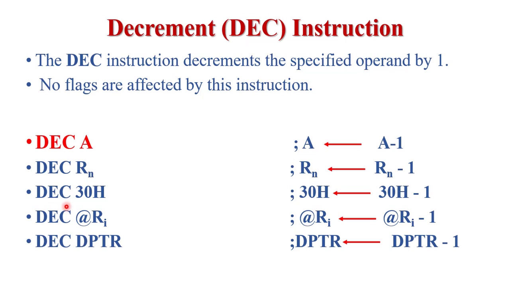Next is DEC 30H. This is an example of direct addressing mode. It tells that the 30H memory location is decremented by 1 and the result is stored in the 30H memory location. Next instruction is DEC @Ri. This is an example of indirect addressing mode. And next is DEC DPTR.